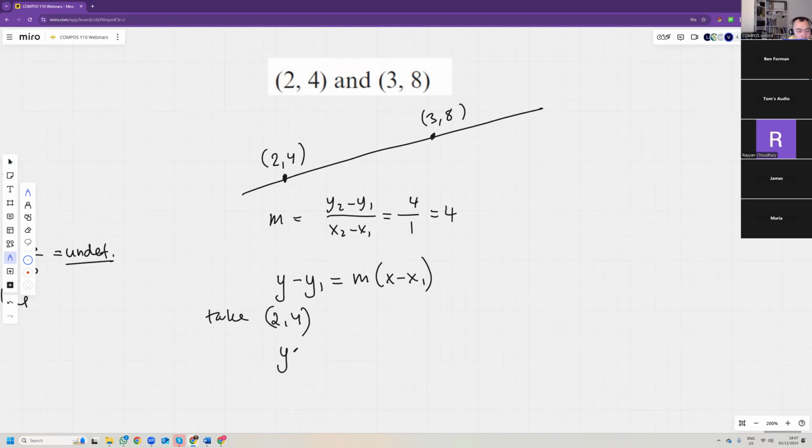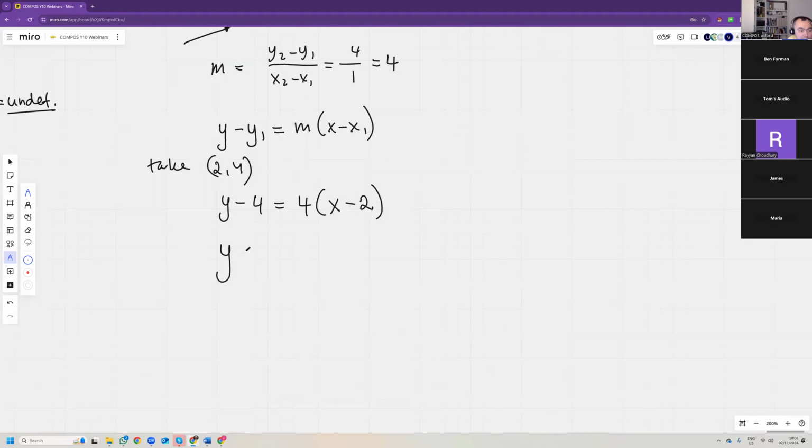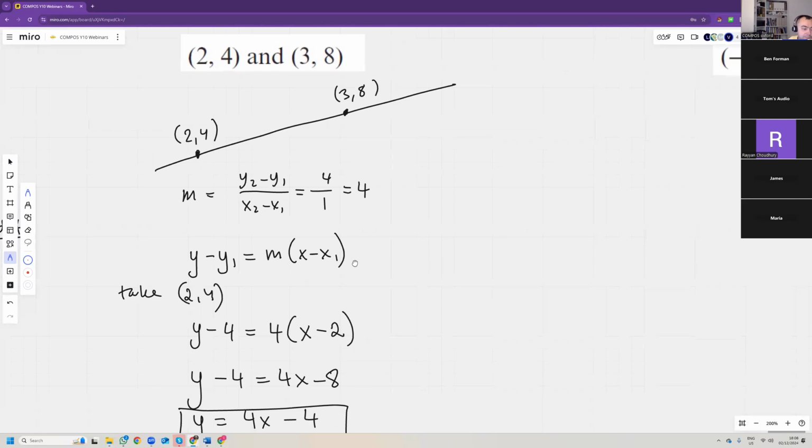And that is y minus 4 equals 4 times x minus 2. Open the brackets. Y minus 4 equals 4x minus 8. Y equals 4x minus 4. And that's the equation of the line. Okay.